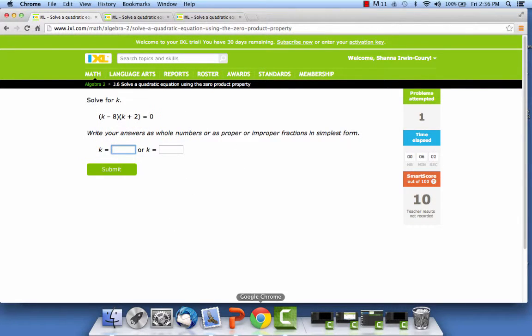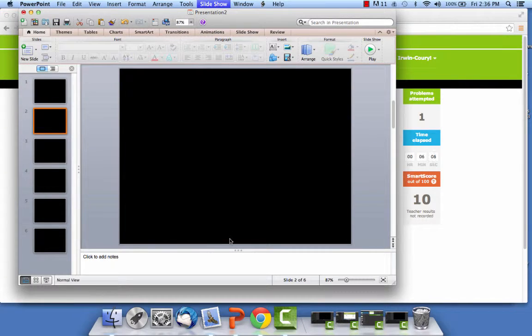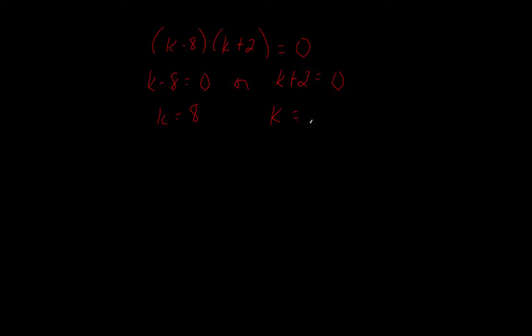Okay, now we have k minus 8 times k plus 2. So if that equals 0, then k minus 8 is 0, or k plus 2 is 0, adding 8, subtracting 2 this time, because we want to get rid of this one.